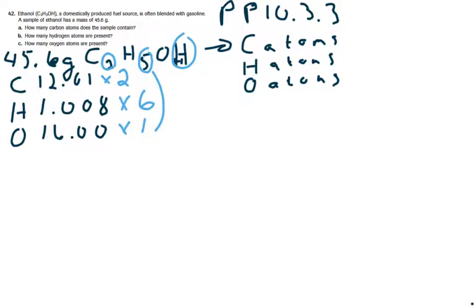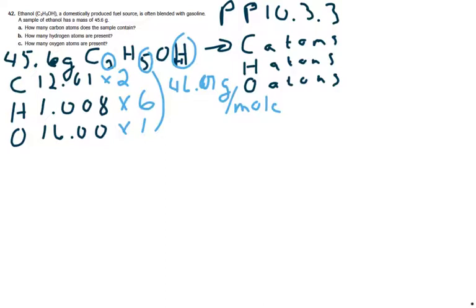So 12.01 times 2 plus 1.008 times 6 plus 16, and we get 46 point, and I'm just going to round it to 0.07 grams per mole.